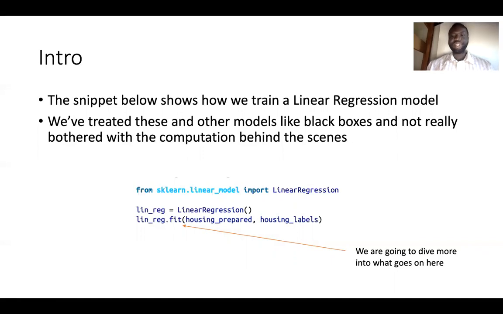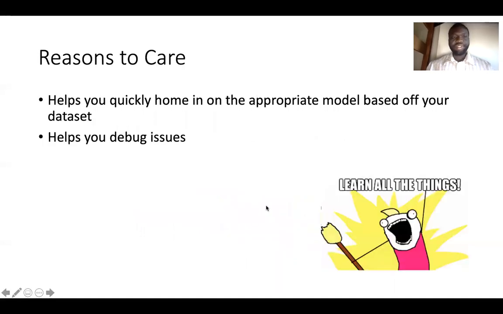We're actually going to go inside. And he gave some reasons you should care. If you know what's going on inside models, you'll know which type of model to pick based off your data set. It'll also help you debug, so that if you're using one of the models from the scikit library and it's not doing what you want, you can say, oh, I think this is why.